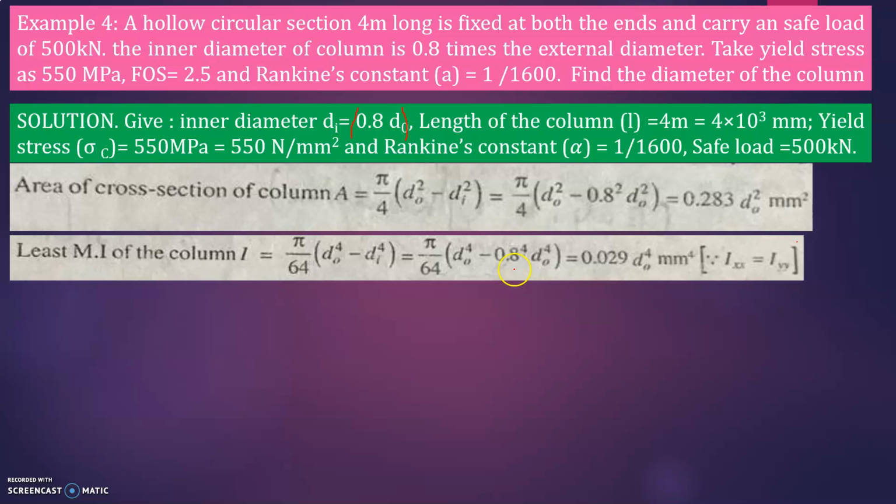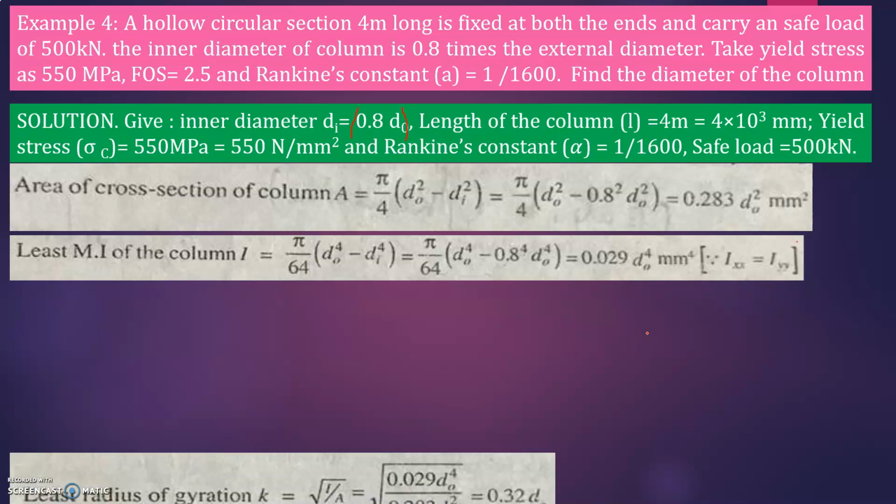So substitute 0.8 raised to the power 4 into d naught raised to the power 4. Simplify this, only one unknown, so you get 0.029 d naught to the power 4. Here it is a circular section, so Ixx is equal to Iyy. So there is no need to calculate Iyy again.